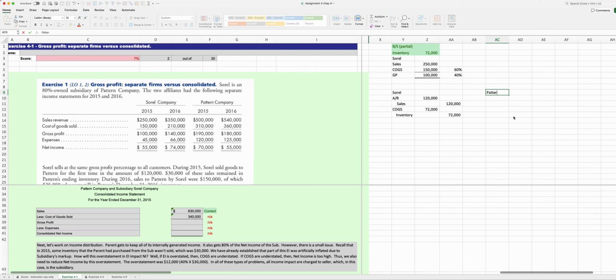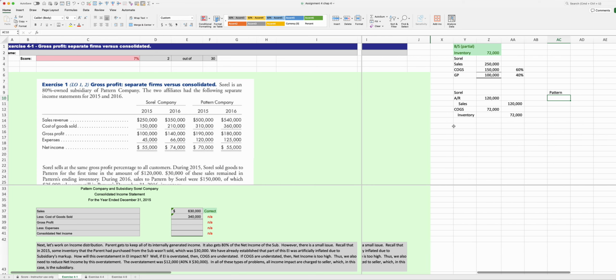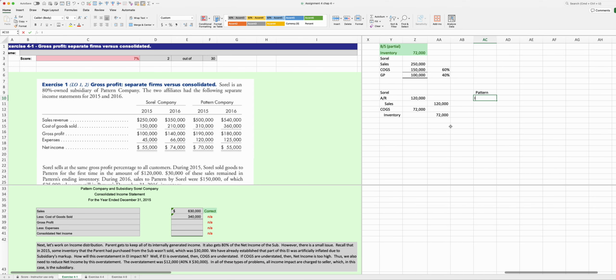From the purchaser's point of view, they would have simply picked up inventory at the amount they paid, which was of course the sales amount for Sorel. So they would have picked up the inventory at 120,000, and they would have credited it to accounts payable or something, or even cash, which is fine.